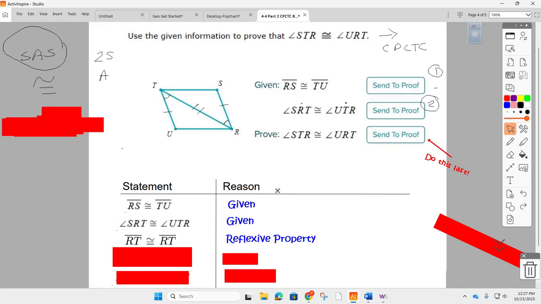So now we said we can prove this triangle is congruent to this triangle by SAS. So that's what's going to go there, and we're going to make sure we name our triangles correctly. If we say it's triangle SRT, we're going to say it's triangle UTR, right? This side is congruent to this side. This angle is congruent to this angle. It has to be in the same order.